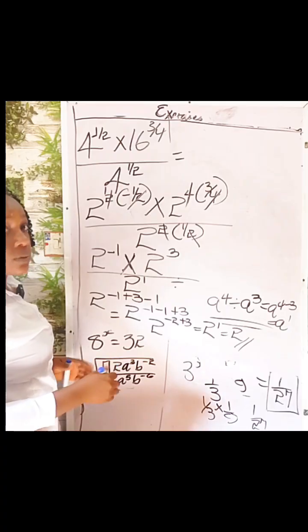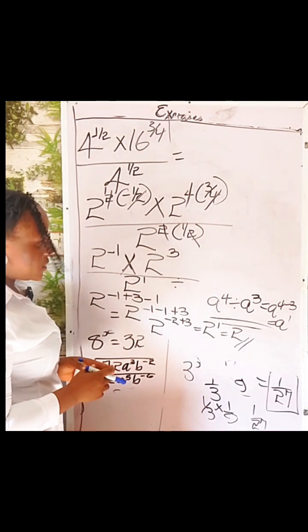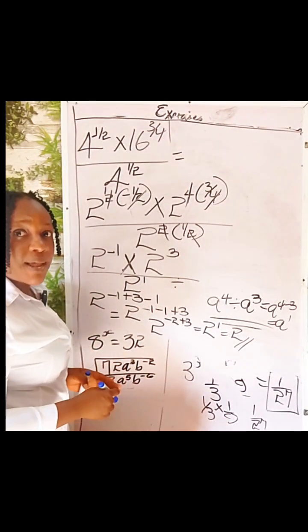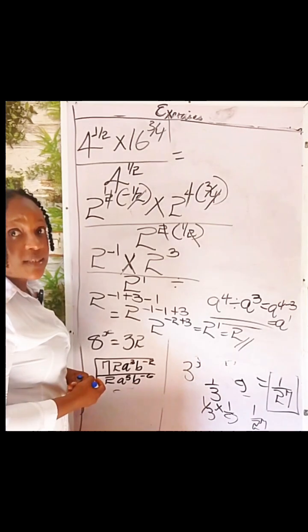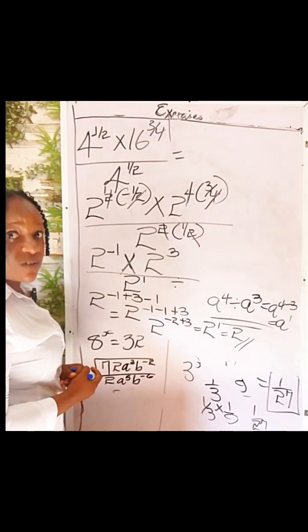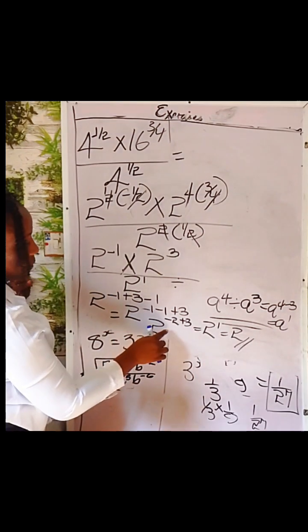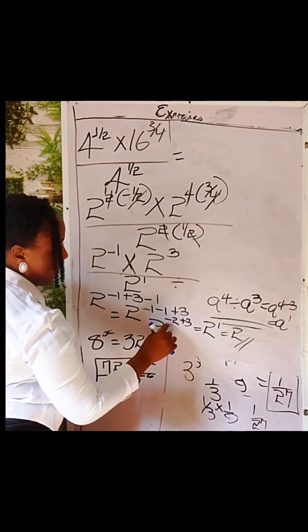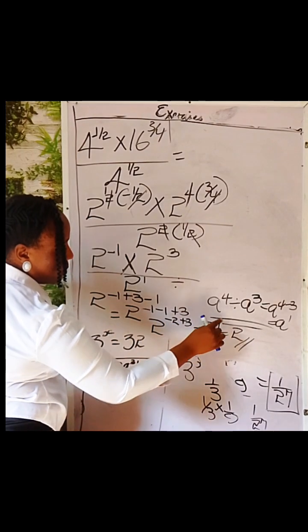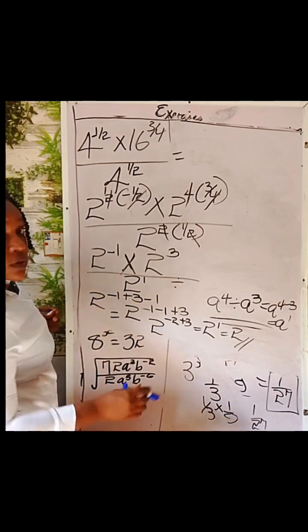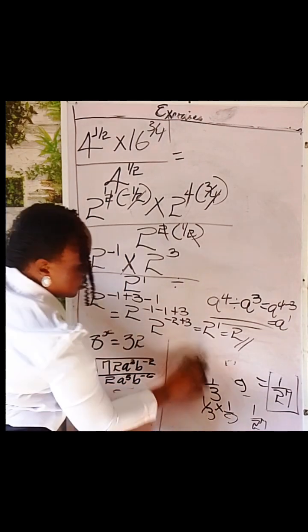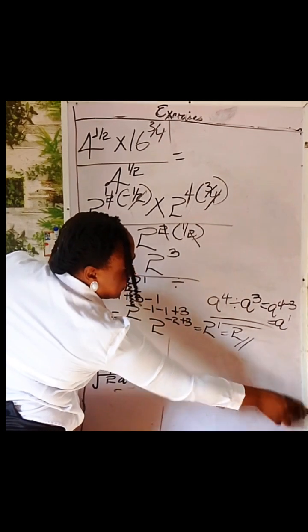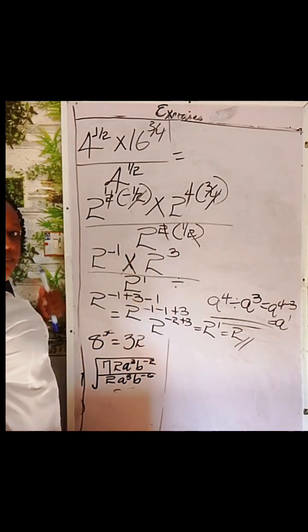In our next video, we'll talk about the signs. For now, you can use your number line and locate it to see that you get this particular thing. So minus 2 plus 2 will give us 2 raised to the power 1, which is equal to 2. Very easy.